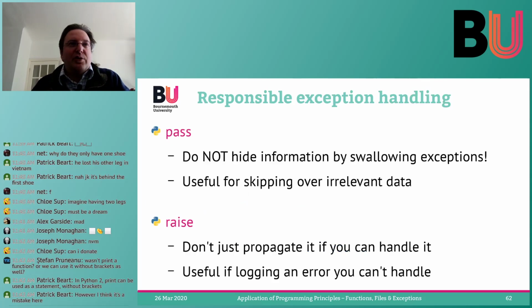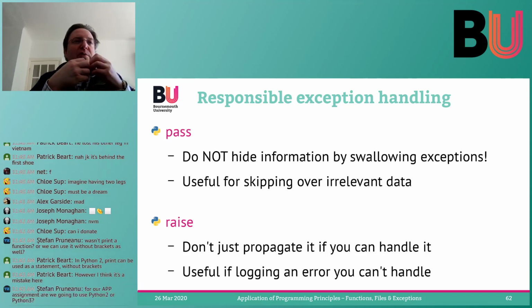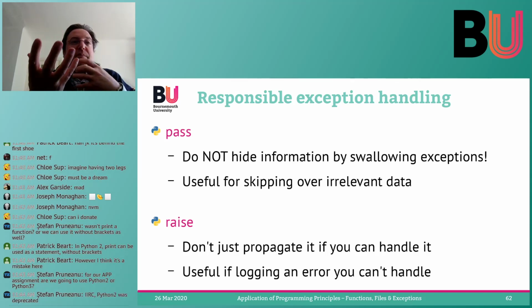Anyway, how do you handle exceptions in a good way? Because again, coding is about not only doing something, but doing the right thing and doing it in the right way. So you do not want to just say, I'm going to swallow the exceptions. Instead, what you want to do is handle the exception if that is an appropriate way.